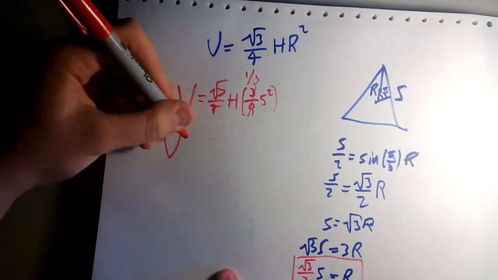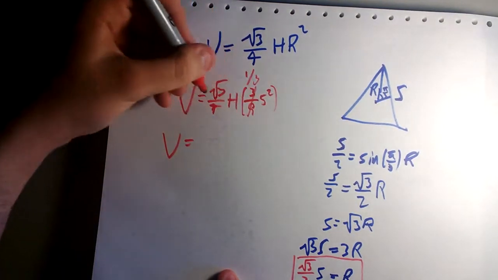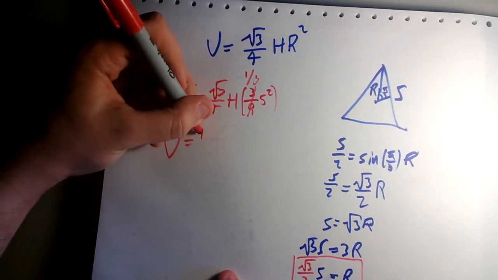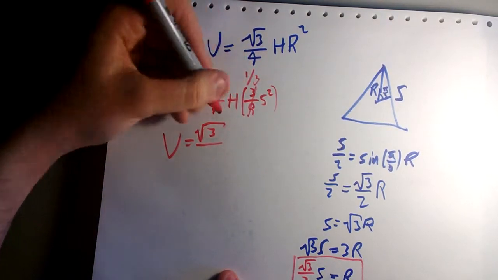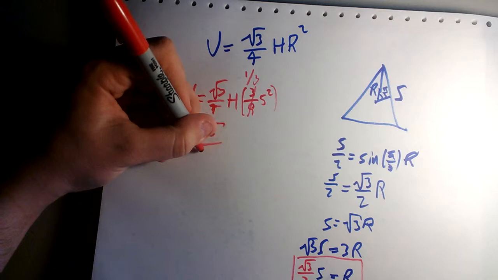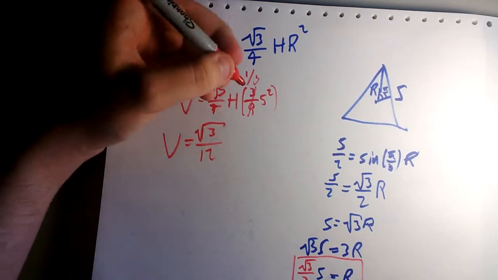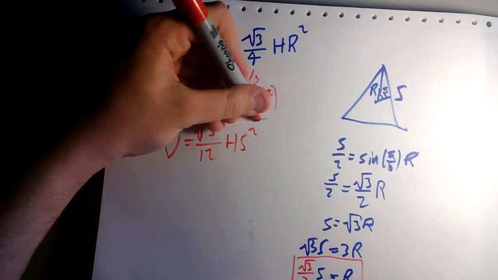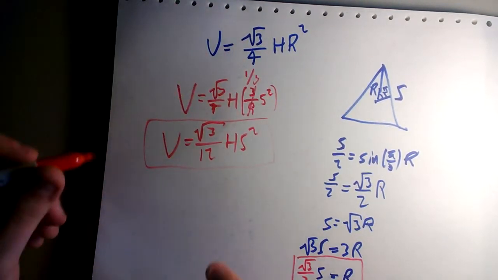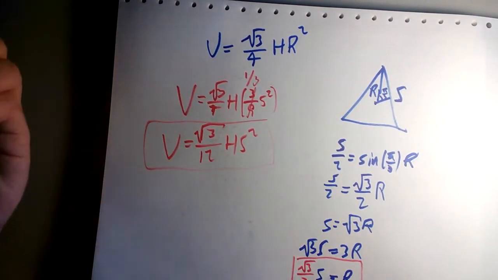So let's bring it out. So it's 1/3, 1/3. So you have square root 3 on top. 1/3, so 1/3 times 4 is 12. And we have h s squared. Hey, we converted. We're done with that guy. And is there any fixing we can do?